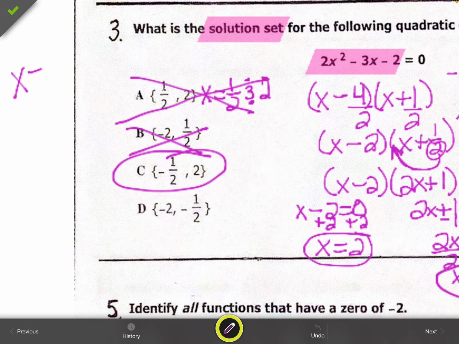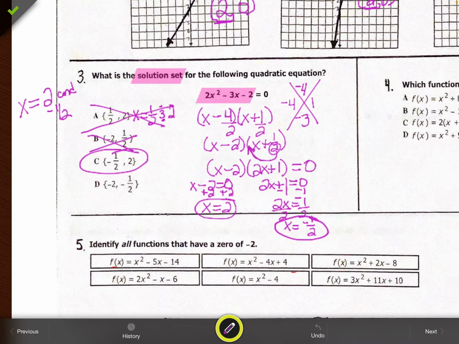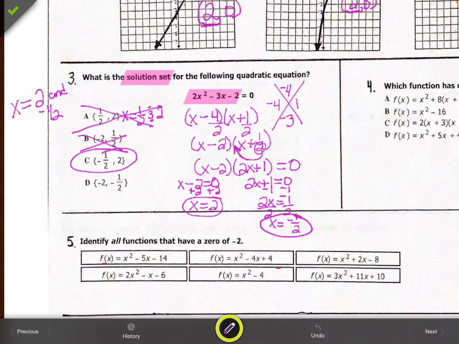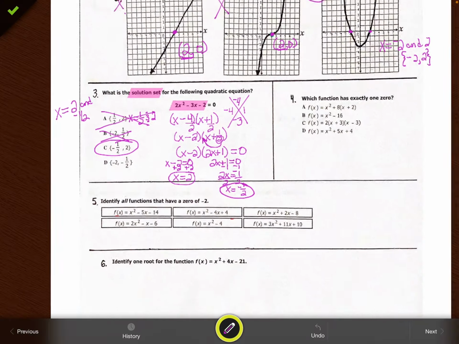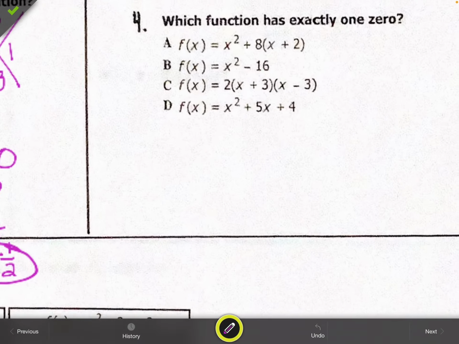We got x is equal to 2 and negative 1/2. I would write that somewhere, so as I scan through my answers, I make sure I pick the right one. Okay. Test taking skills, multiple choice skills, whatever you want to call it. Working smarter, not harder.